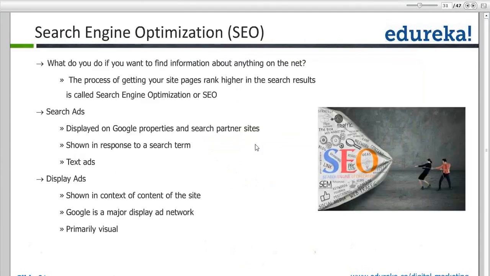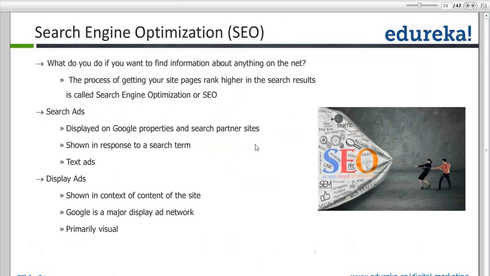SEO, as we discussed, is a process. Basically, these are the strategies, some tactics that you apply to your site pages, so that you increase your search result ranking. For every search that you do on Google, there is a certain rank associated with every link that you get.